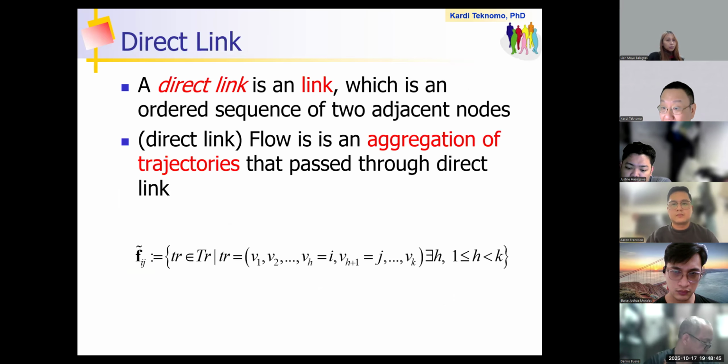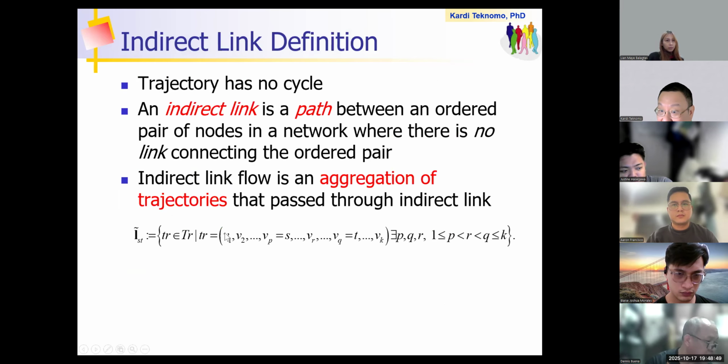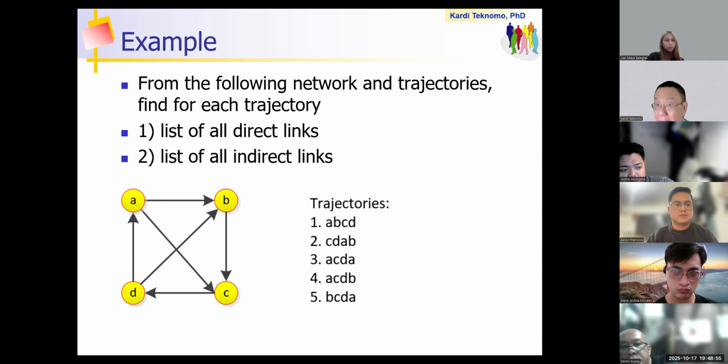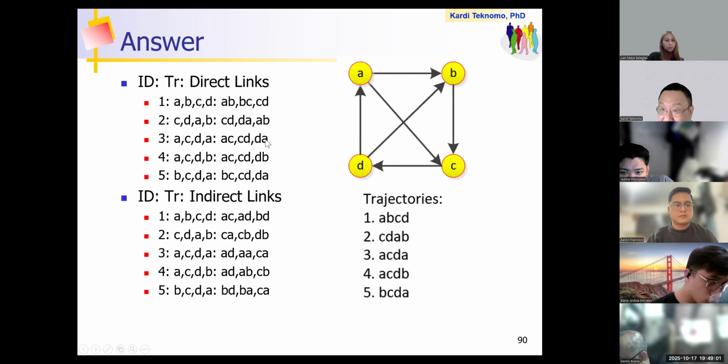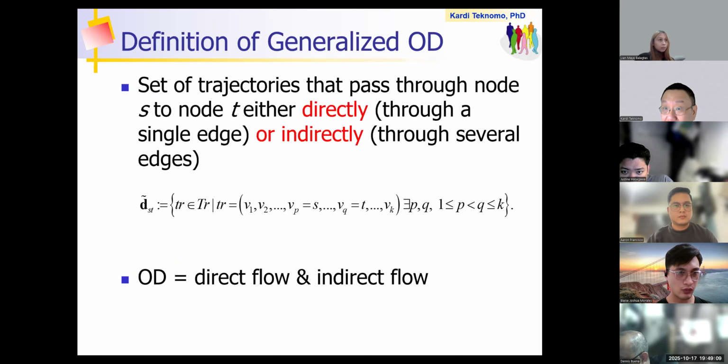So I give you an example. This is the direct link definition, and this is the indirect link definition. So you can just read it by yourself. And a while ago, using that program, you can already list all direct and indirect links. So these are the things that you can try on your own later. Now this is the OD.